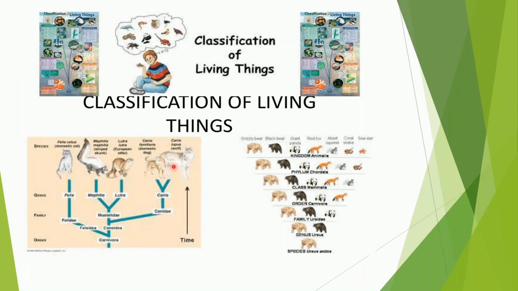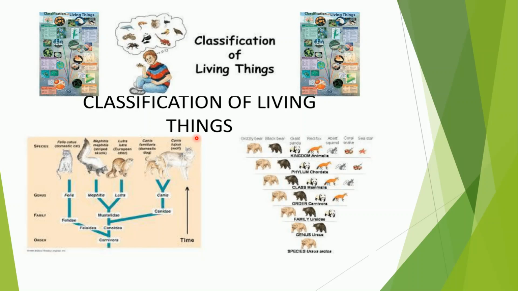Fine, children. Now the classification of living things was done by various scientists. It was not that in one effort itself the classification of living organisms was done. There were many scientists who contributed to the classification of the living organisms.